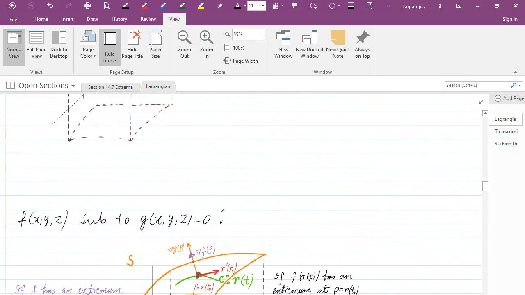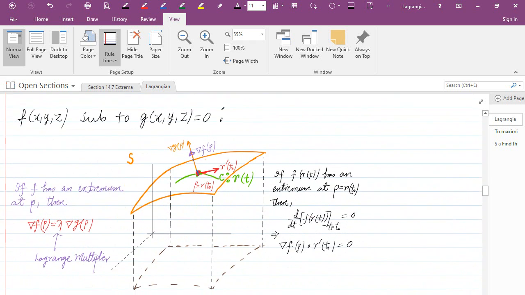So once again, we are trying to find the extreme values of f subject to the constraint equation g of x, y, z equal to 0.